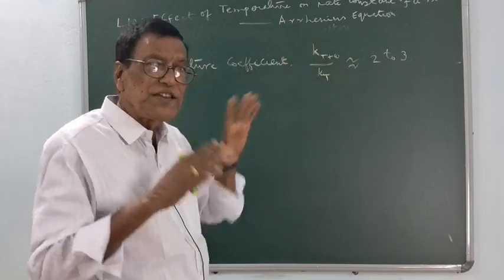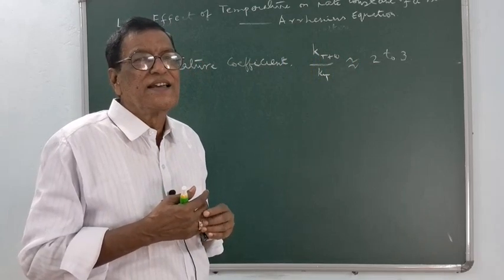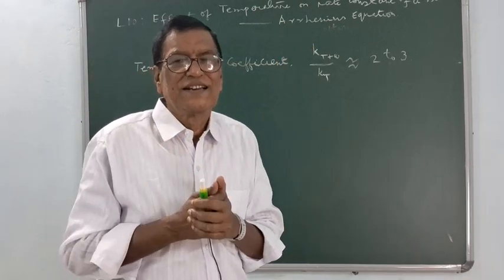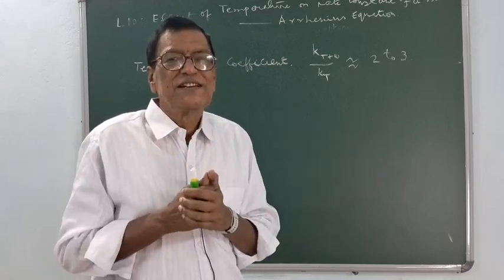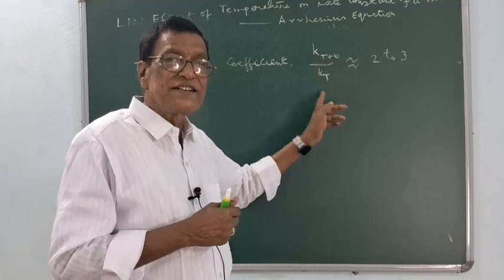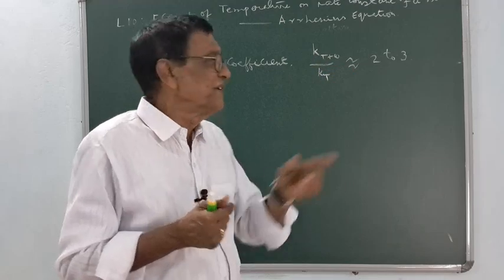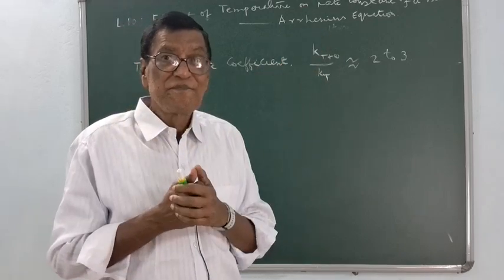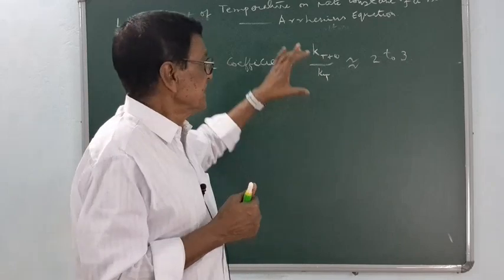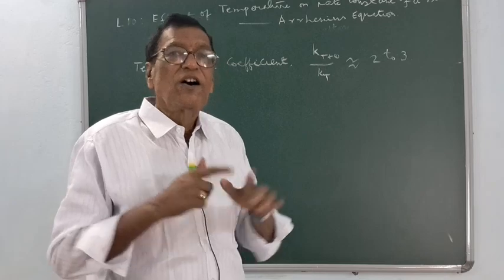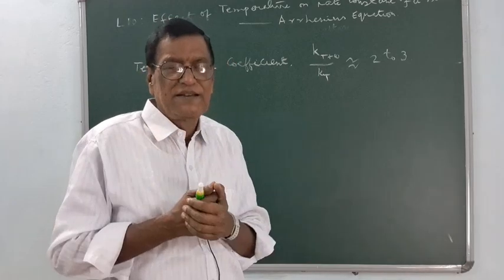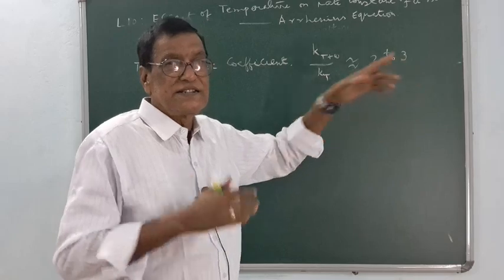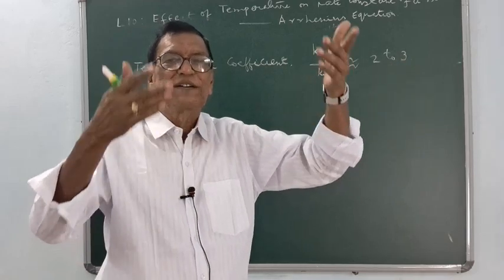So this ratio will give you how many times the rate constant is increased by 10 degree rise in temperature. Whenever it is twofold, this temperature coefficient becomes 2. Whenever it is 3, it is threefold. In general, it may be 2 to 3, say 2.1, 2.2, 2.5, 2.7, and so on.